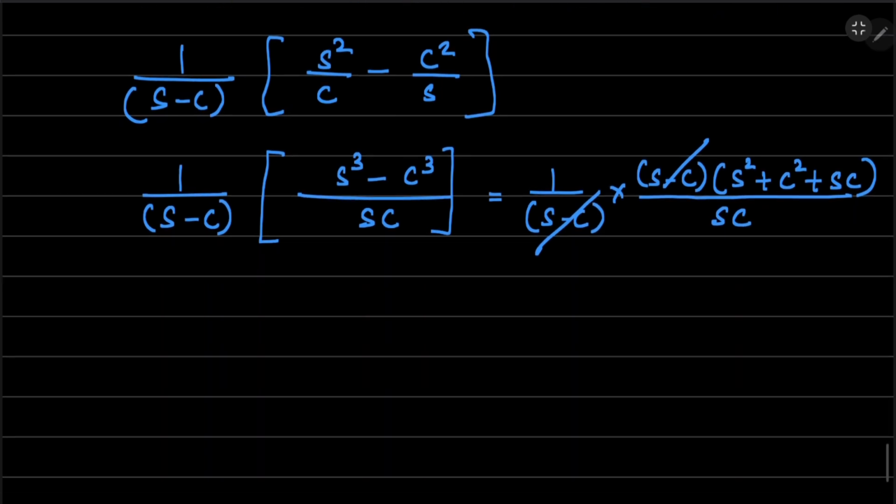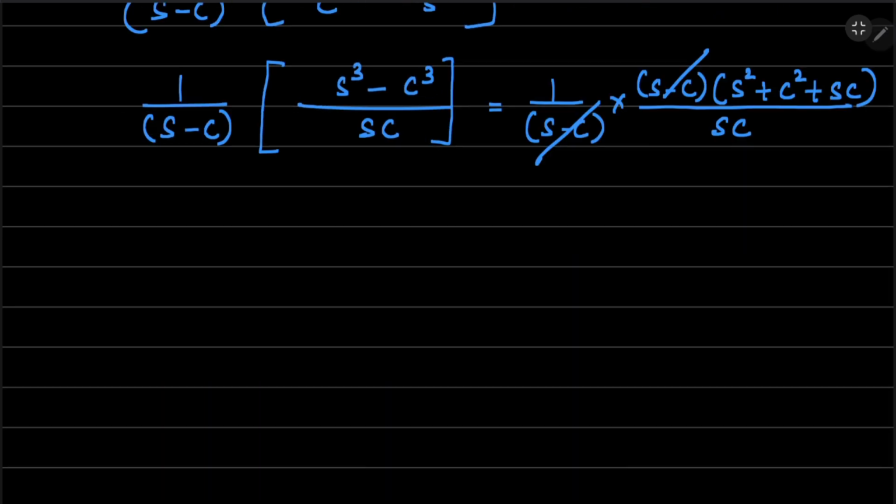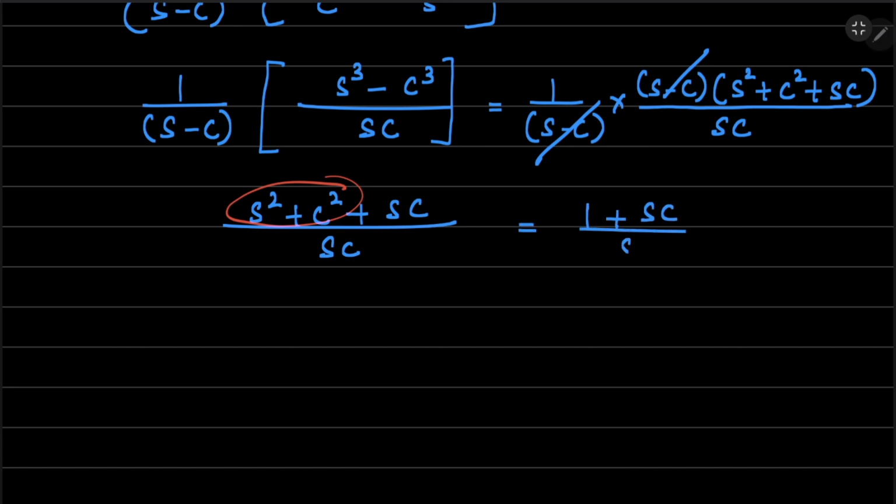So sine minus cos gets cancelled. Sine square plus cos square plus sine theta cos theta whole divided by sine theta cos theta, right? What is this equal to? Sine square plus cos square equal to 1. So you will have 1 plus sine cos divided by sine cos.